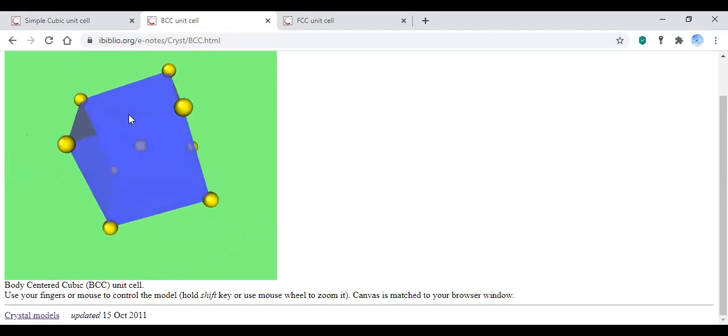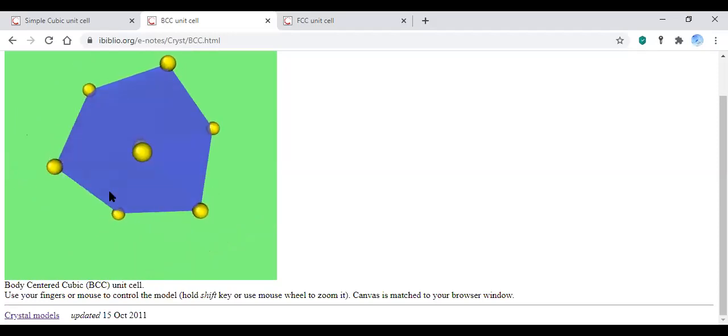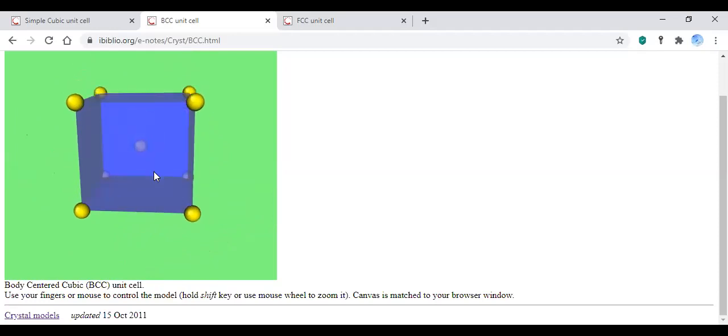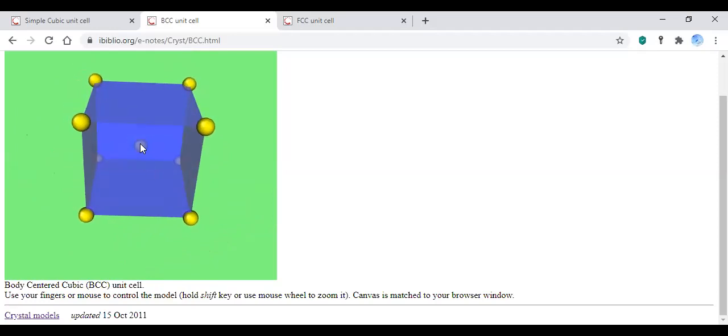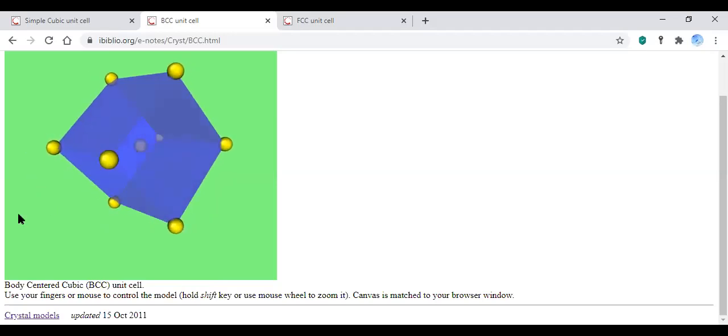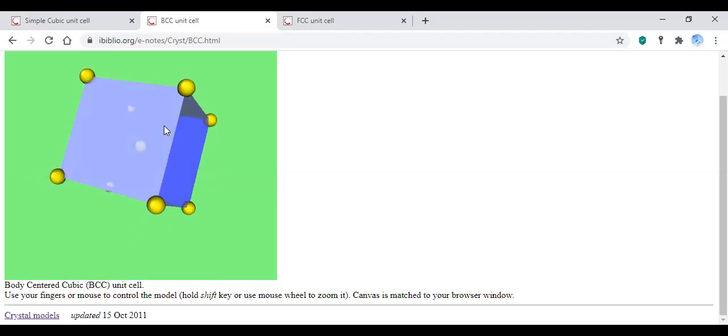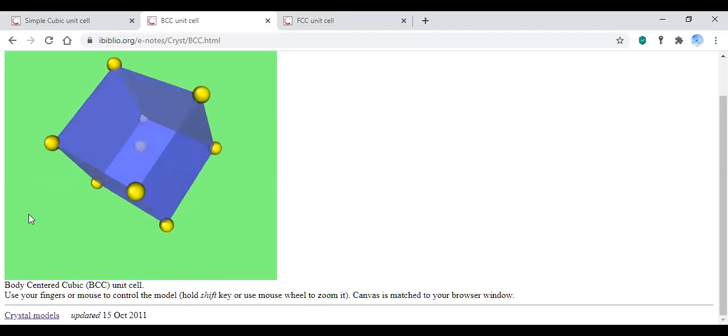As this particle at the body center belongs solely to this unit cell, its contribution is complete for the unit cell. Hence one particle contributes from the body center and 8 into 1 by 8 from the corner particles. As a result, the total calculation is 8 into 1 by 8 plus 1, so there will be 2 particles present per unit cell of BCC.